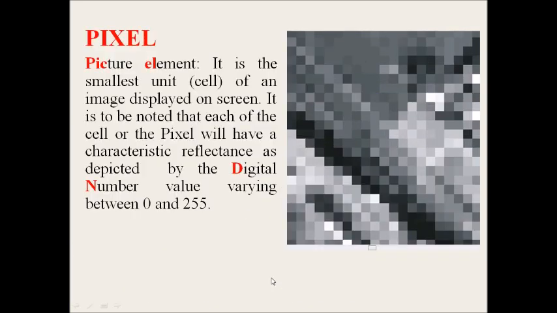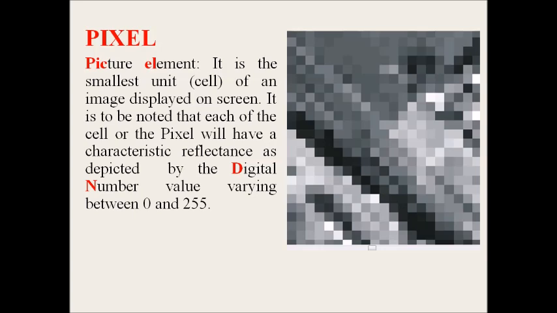Looking at the zoomed part of the image which I showed you just now, we'll try to define what is a pixel. Pixel, which is an abbreviated version of picture element, is the smallest unit or the cell of an image displayed on the screen.